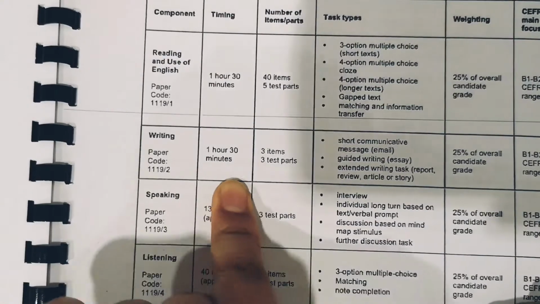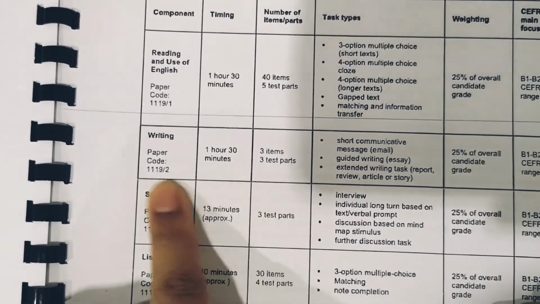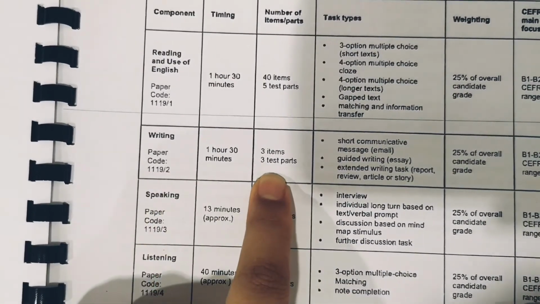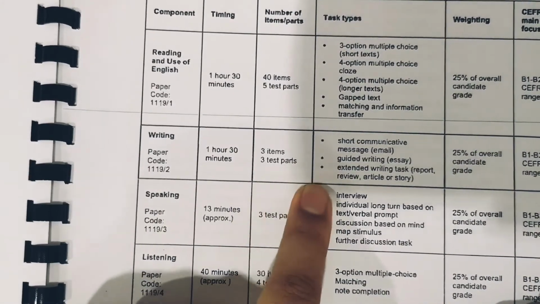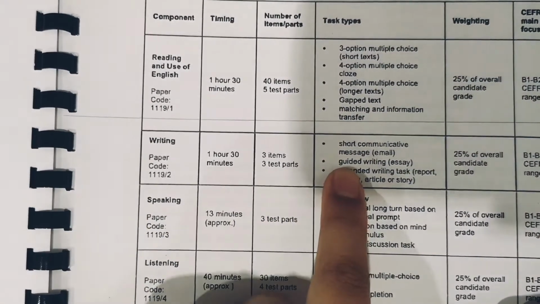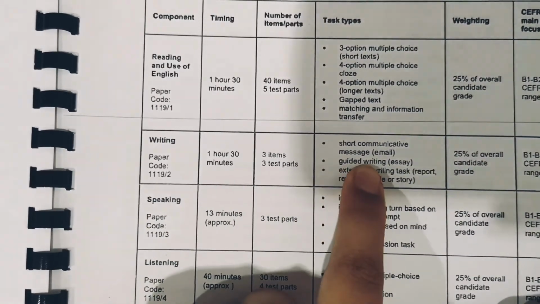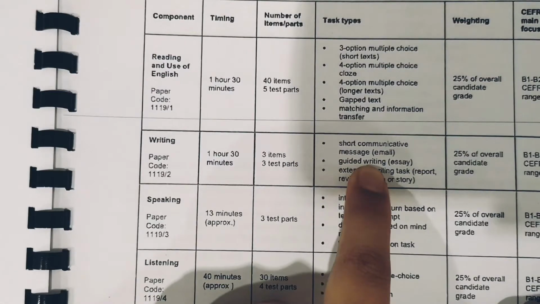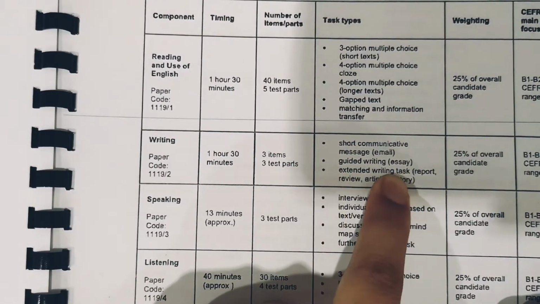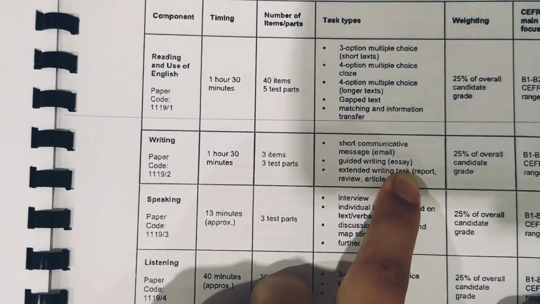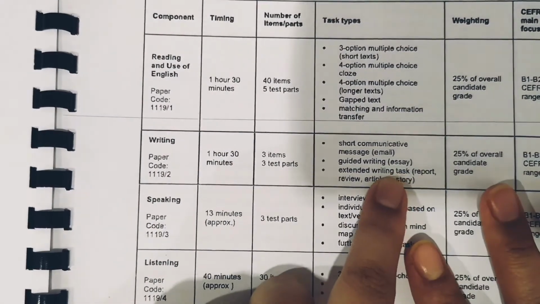Okay, second one is writing. You will be given 1 hour and 30 minutes for writing, and there will be 3 items or 3 questions, 3 test parts. There will be 3 parts of the paper. Okay, the first part is short communicative message, which is in email form. The second one is guided writing, where it's in the form of essay, okay, just like the normal essay that you usually do.